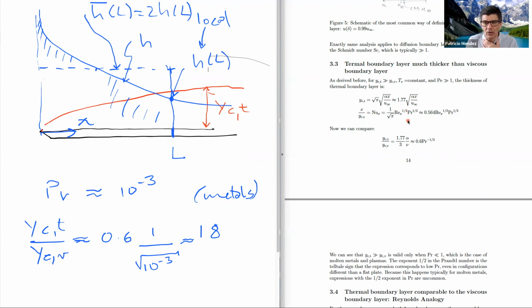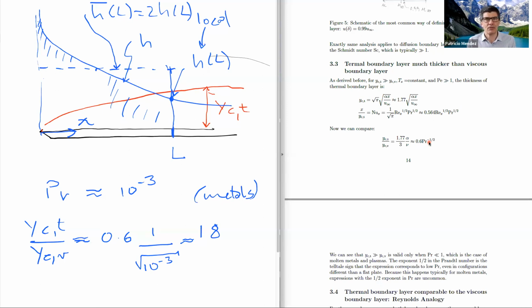And when we compare Prandtl's solution for fluid flow to the solution of the semi-infinite solid for heat transfer, we get that the ratio between the thermal boundary layer and the thickness of the viscous boundary layer is this thing, 0.6, which I'm going to call 1, is more or less 1, Prandtl to the -1/2.